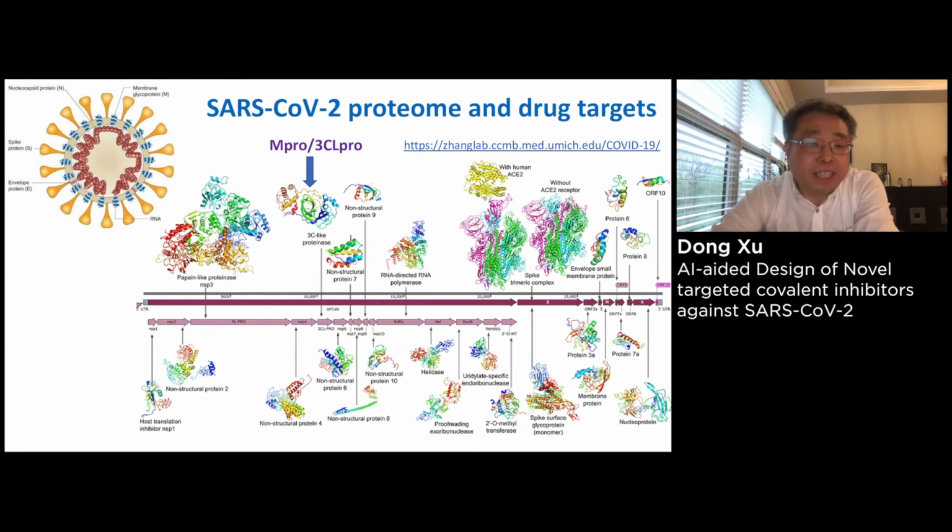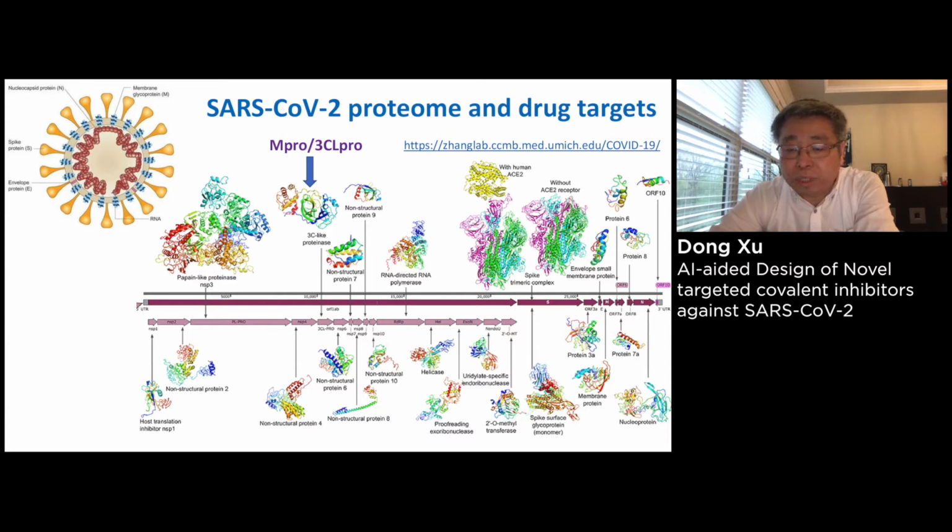If you look at the virus itself, it has this structure shown here: the S protein, the surface protein, and inside, the RNA coding for proteins. Any small molecule that binds one of these target proteins tightly can deactivate the protein's function and cure the virus. People have tried different targets, including the S protein on the virus surface.